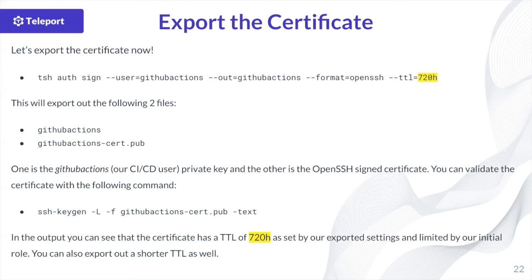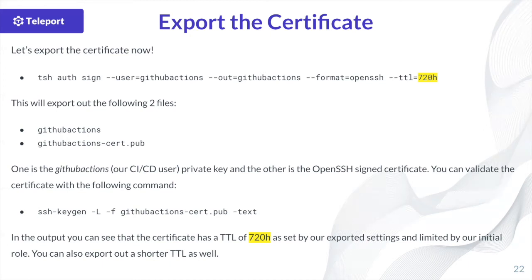You can actually input the certificate and then run an output on it, and it will display in your terminal window the details of that certificate and even show you the time to live. So as you can see in my output, my time to live is 720 hours, because that is the max amount of time that this user GitHub and the role GitHub Actions allows for.